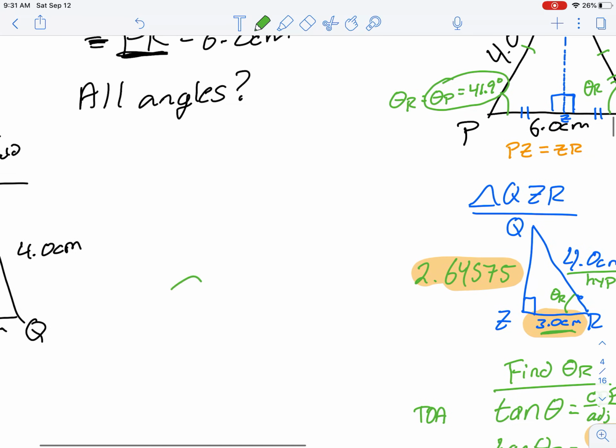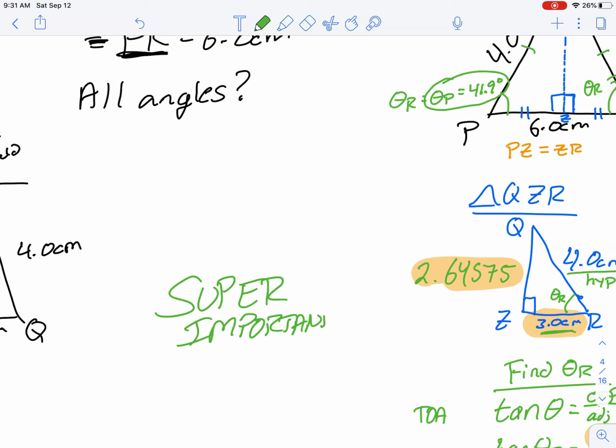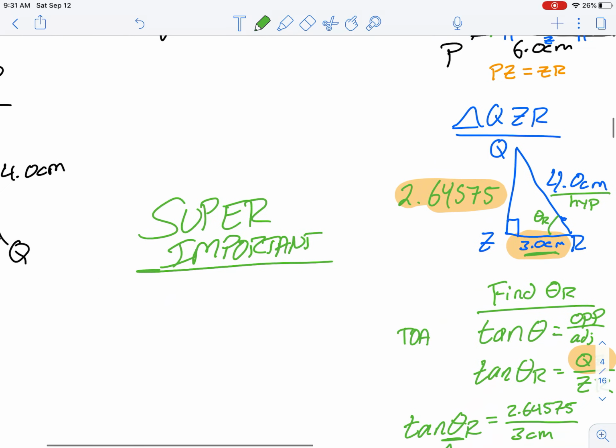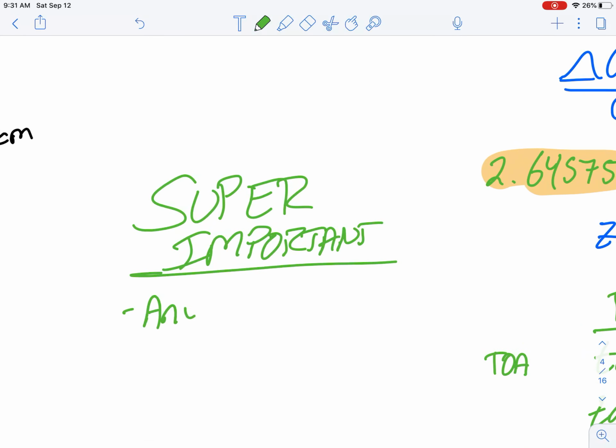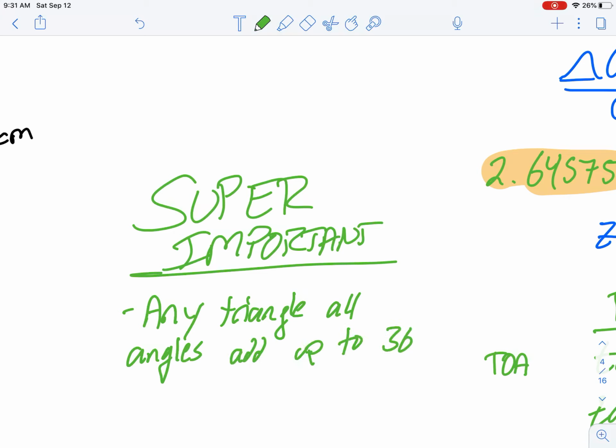Now this is super important. Triangles, any triangle, all angles add up to 360 degrees. Okay, sorry, 180 degrees.